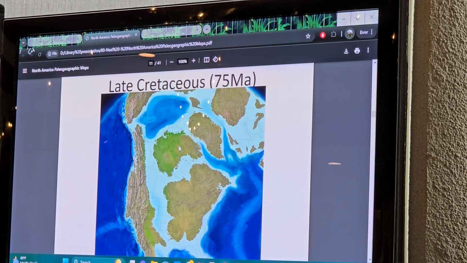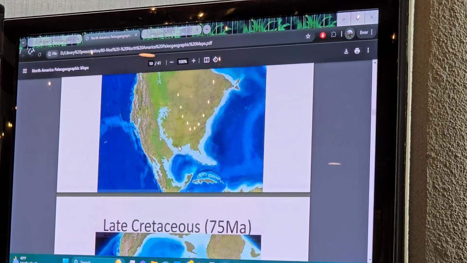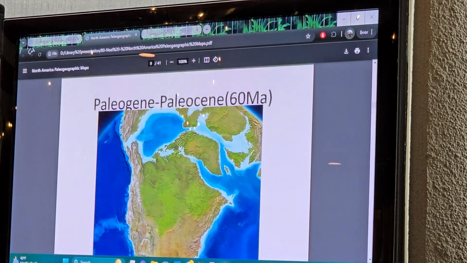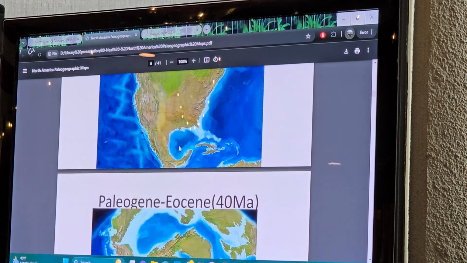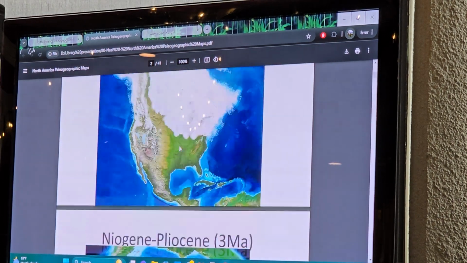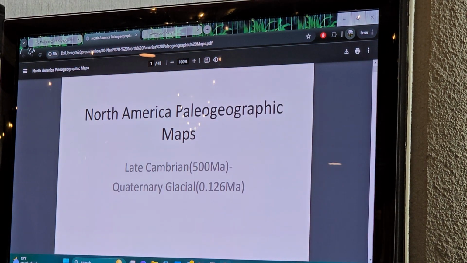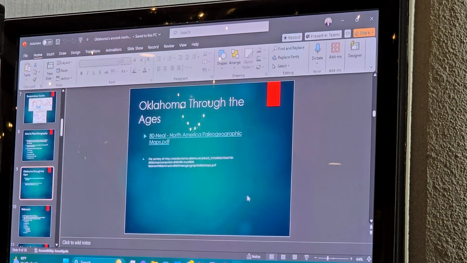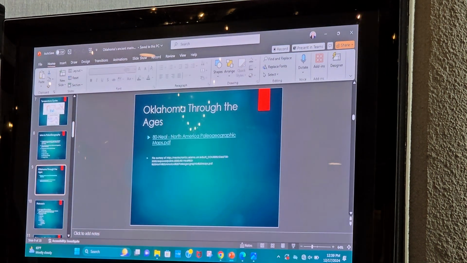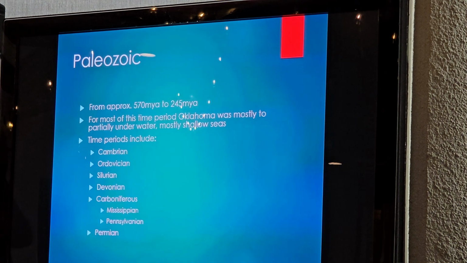It all eroded away. You do have a lot in Kansas and a lot in Texas, but the Oklahoma portion is largely gone. And then we've been above water basically ever since. So, yeah.